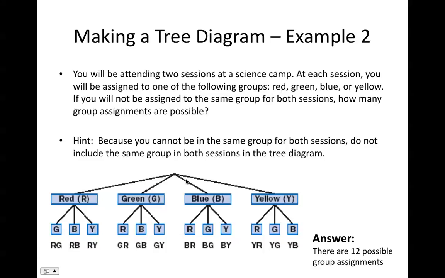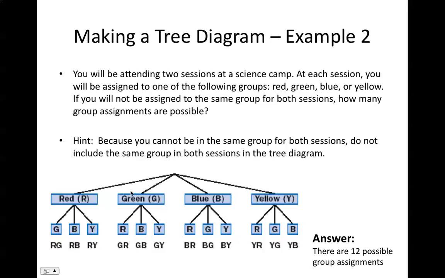Alright, so here's going to be our tree diagram. First thing I'm going to do is for session 1, my possible choices are 4. I could either be in the red group, the green group, the blue group, or the yellow group. And then for session 2, if I was in the red group for session 1, then the only choices I could be is in the green, blue, or yellow group. The fact that I can't be back in the same color.